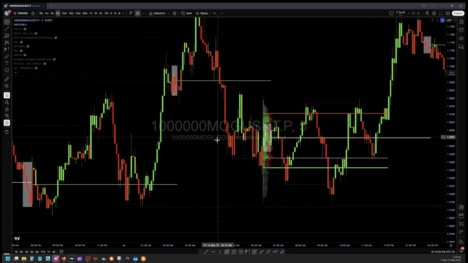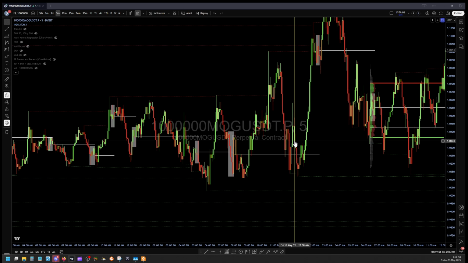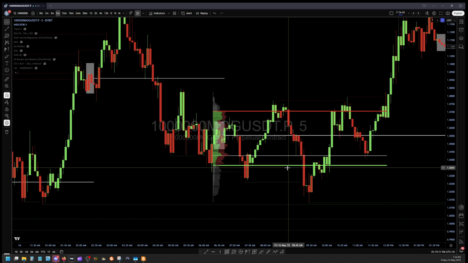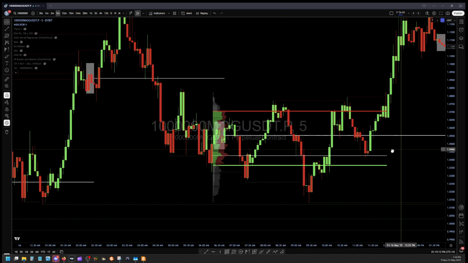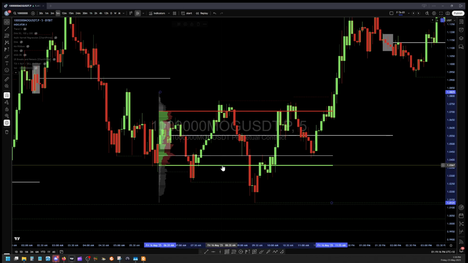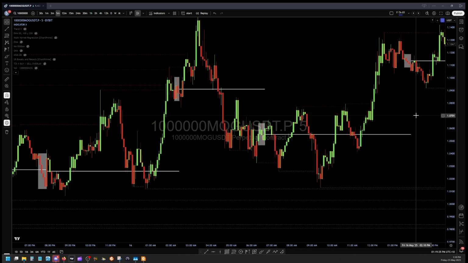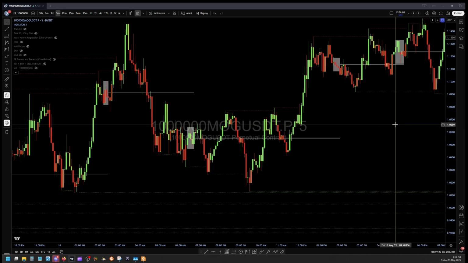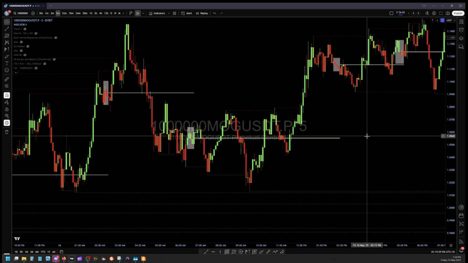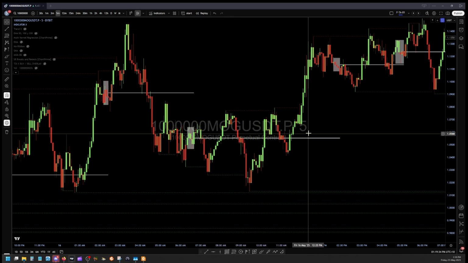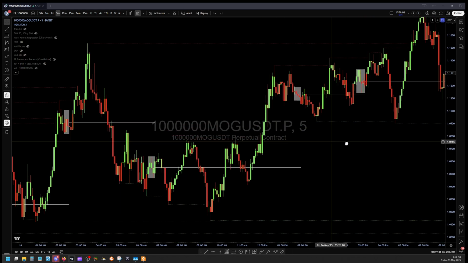So in my opinion, IndicatorX is superior in a way to these fixed range volume profiles. They both have their strengths and weaknesses, but the fact that I don't have to pull it, it's already there for me, makes it kind of simple, and they do seem to stick to the middle of the range better than the point of control does.